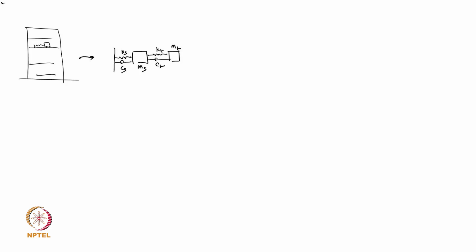The first one is my main structure, this one is the mass of the TMD, that is the stiffness of the TMD, and that is the damping of the TMD. The other things are the mass of the structure, the damping of the structure, and the stiffness of the structure.